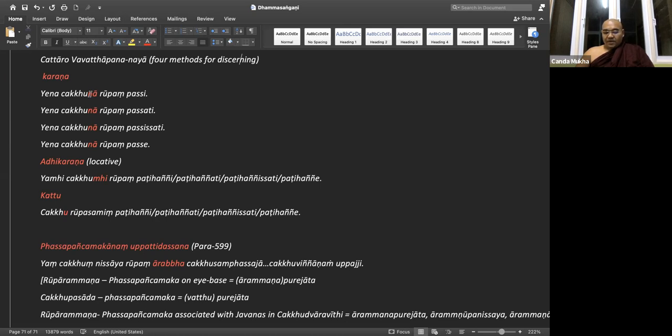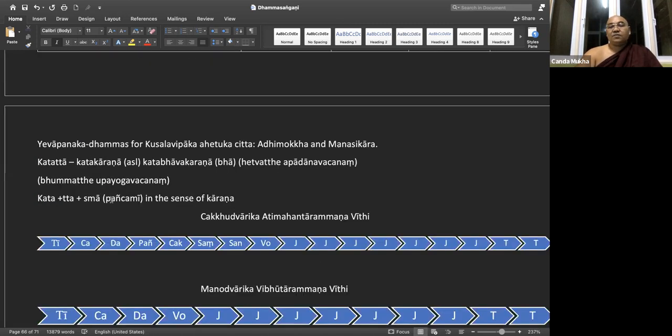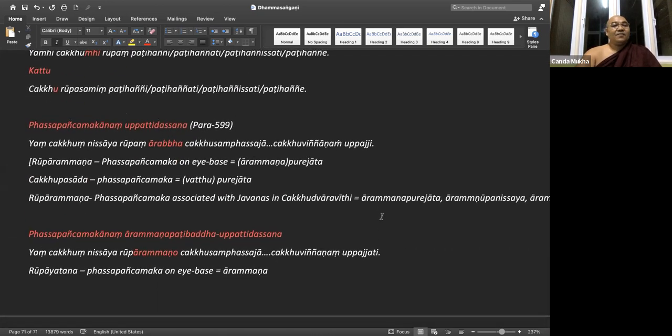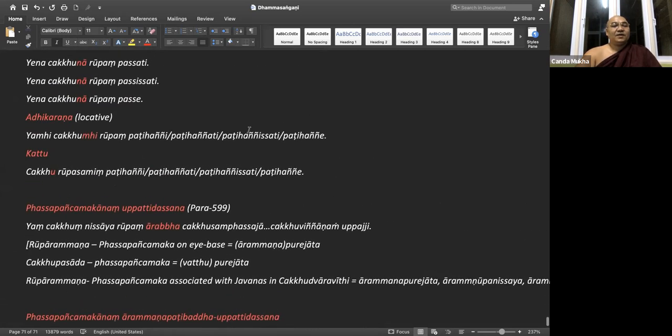So in that paragraph, Yami Chekomi, Yami Adikarana Buddhi Chekomi. Yami Chekomi, Yami, look at it. So here in my note also, Adhikarana, look at it. Adhikarana means something that locates, or the place in which something locates. Adhikarana Buddhi Jakhomi.